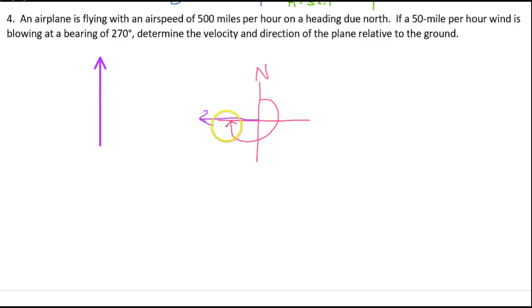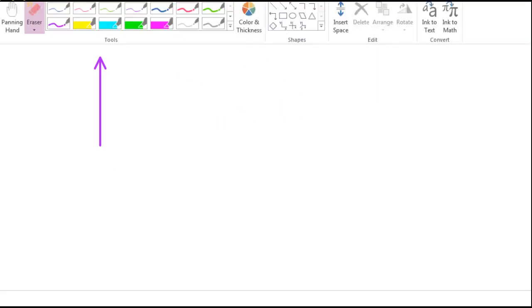Okay, in other words, the wind is blowing west. That's another way of saying a bearing of 270 degrees is west. Okay, so let me just erase this and just draw the vector for the wind.